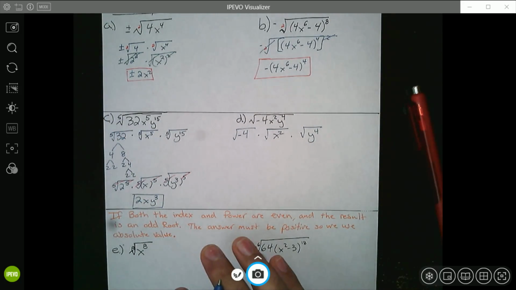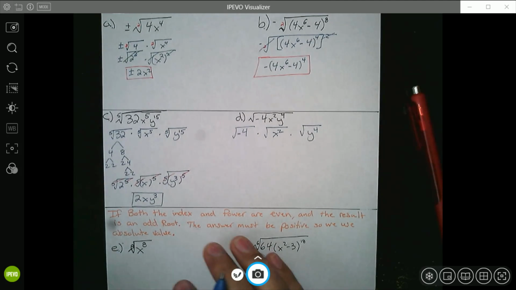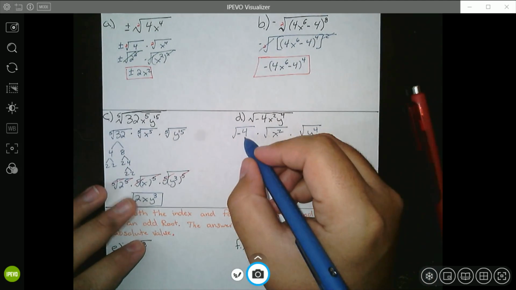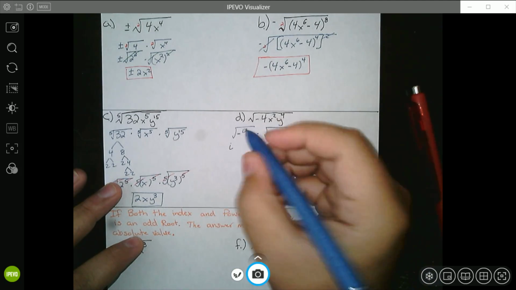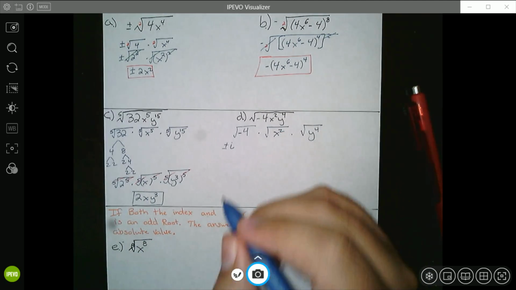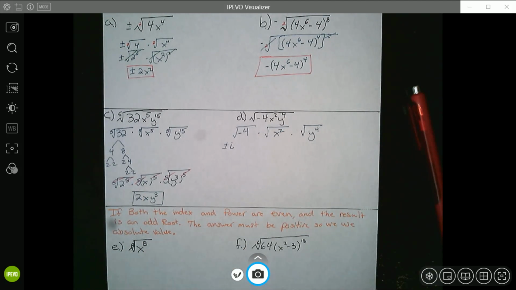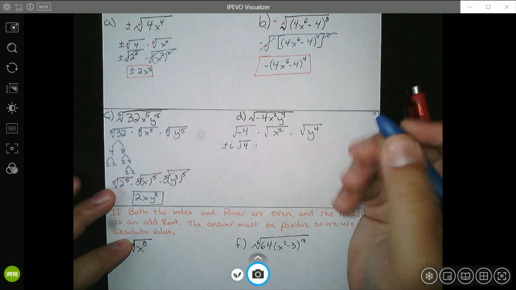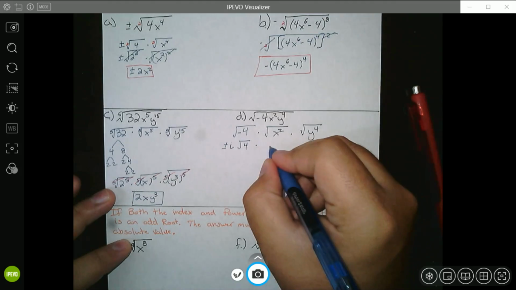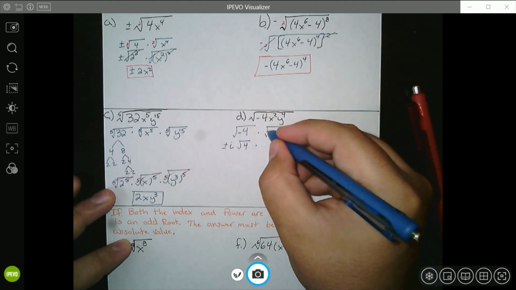Let's continue. And so this negative comes outside and leaves us with i. And it's also plus or minus. Okay? So it's plus or minus i when you pull it out. And we have the square root of 4 times x squared.